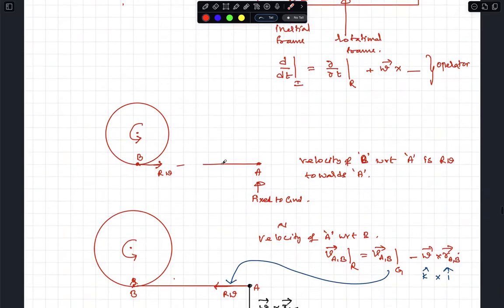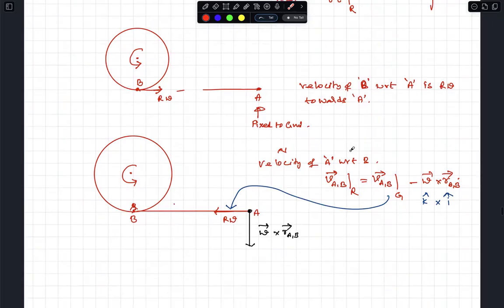The velocity of B with respect to A, till the day before yesterday, this is what we were discussing: r omega simply. Whenever I utter r omega, what term did I utter? It is the velocity or the speed at that instant of P as observed by an observer on the ground in an inertial frame.